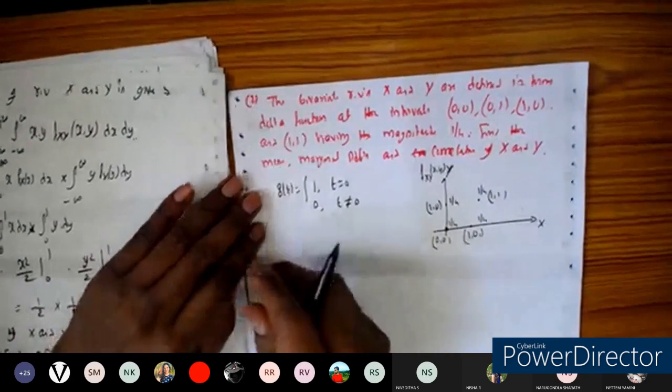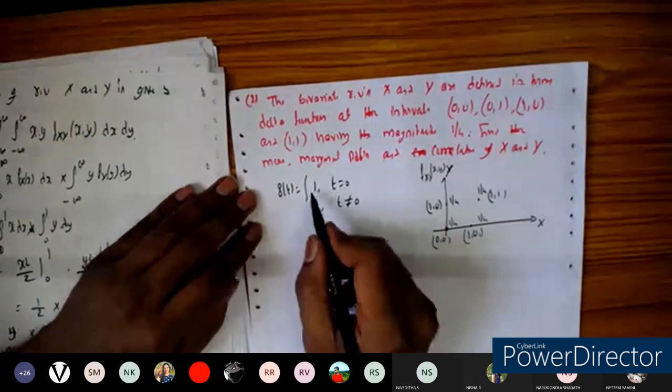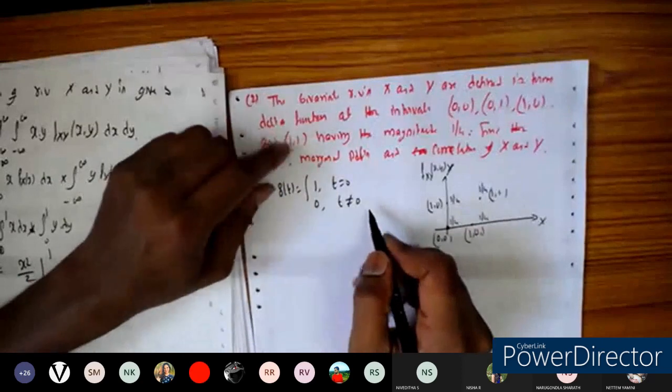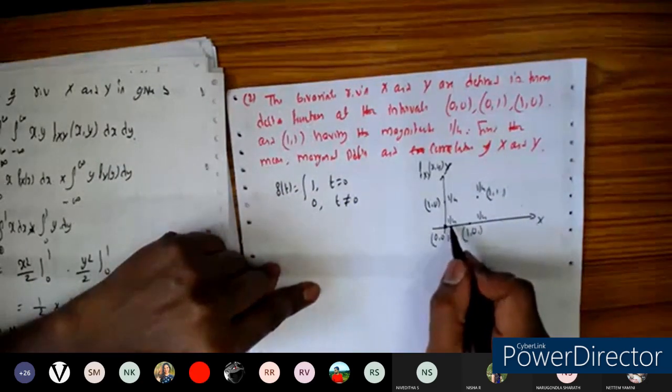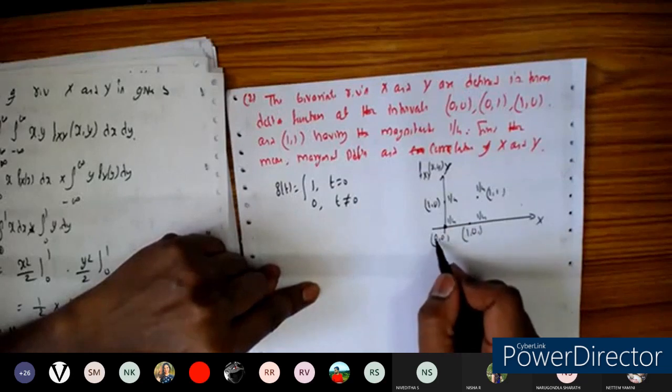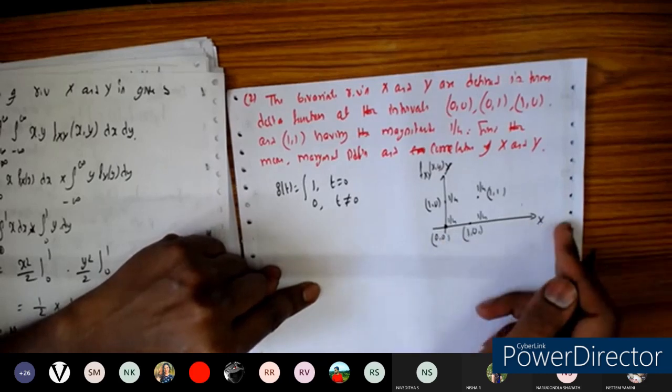I'm considering the continuous random variable here. So this has the value 1 at t equal to 0, and 0 for t not equal to 0. Now it has been defined at 0, 0 with the value 1/4. So 1, 0 corresponds to the x-axis, the other 0 corresponds to the y-axis. So we need to define two impulse functions in terms of x and y.